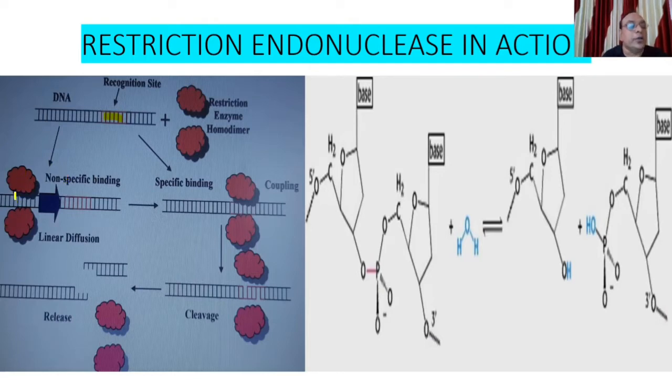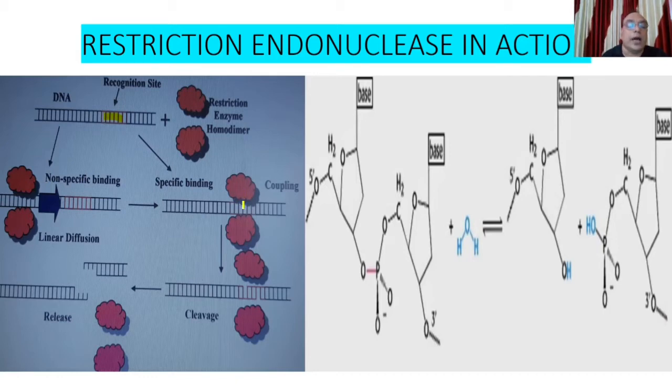After binding with the DNA, it slides or moves towards the recognition point. And when it reaches the recognition point, 15 to 20 hydrogen bonds are formed between the amino acids and nitrogen bases.